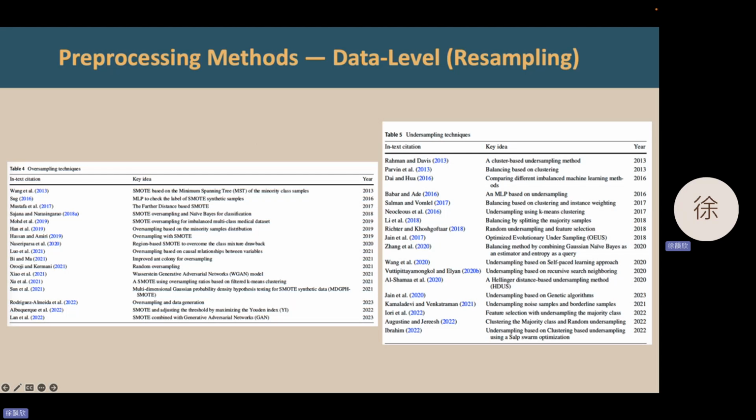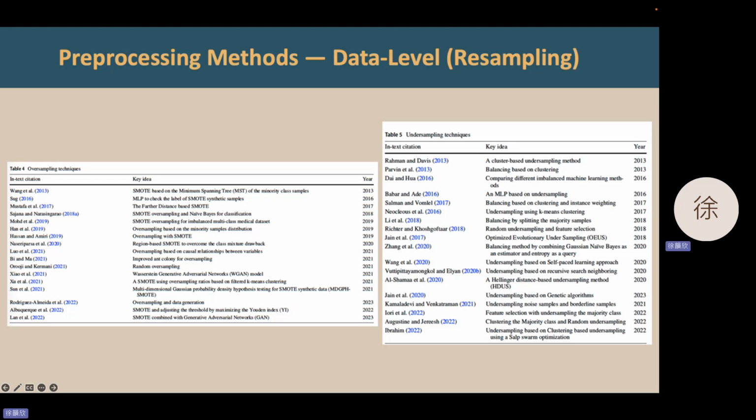The most common oversampling technique is SMOTE. The table also lists some improved versions of SMOTE, such as SMOTE based on the minimum spanning tree, or SMOTE combined with clustering methods, and so on.